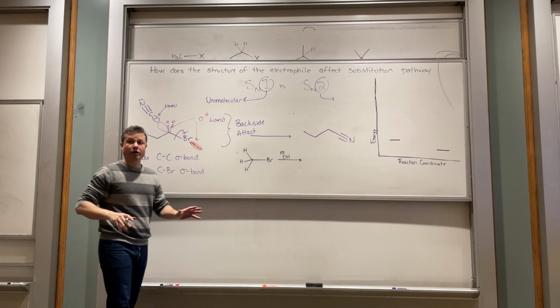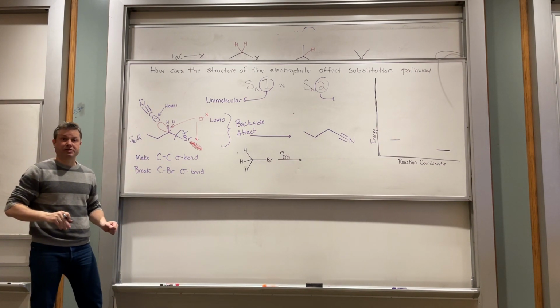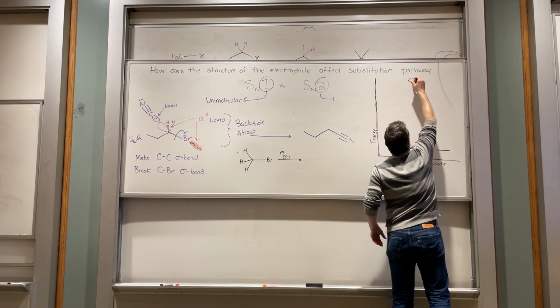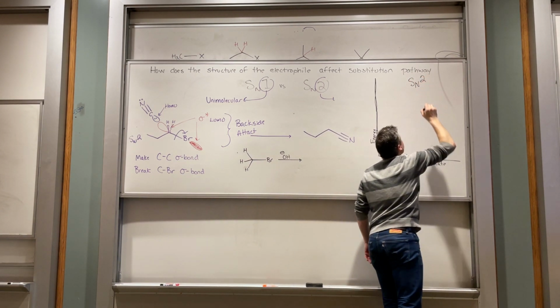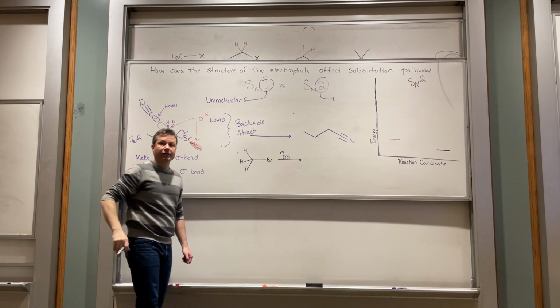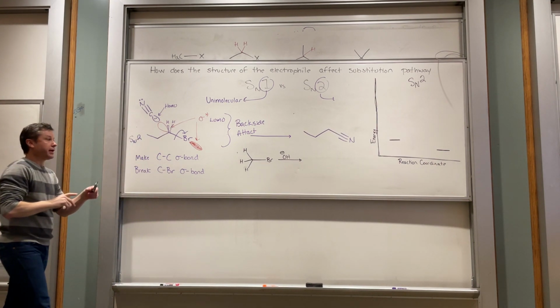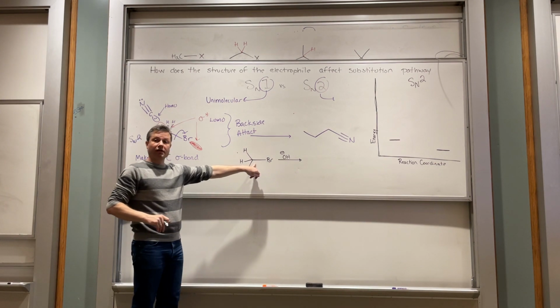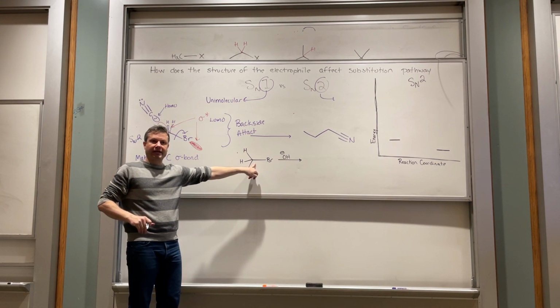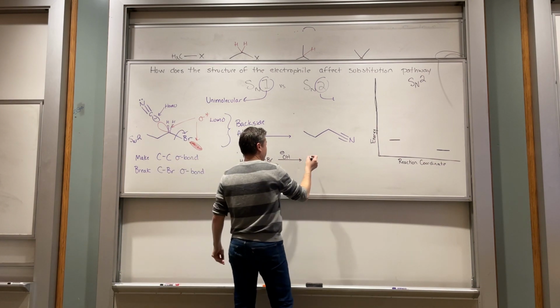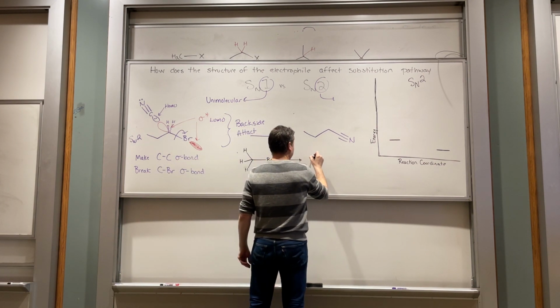Right, and we're going to just look at a really simple system and compare the energies. Just looking at SN2. Right, we're going to see how the electrophile is going to affect the outcome or the course of the SN2 reaction. Right, so this is going to be our base reaction. Right, we're going to take a methyl bromide and we're going to treat it with sodium hydroxide or some hydroxide salt.